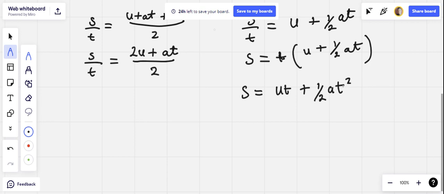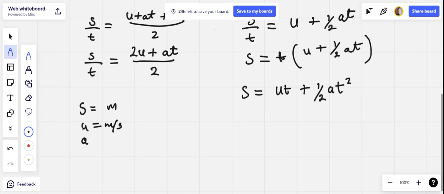Acceleration times time squared. Where your displacement is, the unit for your displacement will be in meters. So if you are given kilometers or centimeters or any other unit, you convert it to meters. Your initial velocity will be in meter per second.